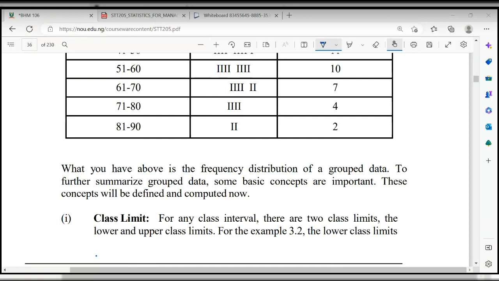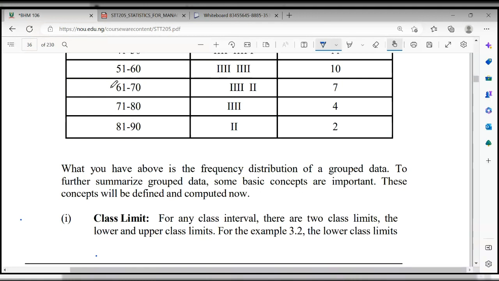Okay, so the class limit is, once you have done the interval, the lower value in the interval is the lower class limit. Like this is the interval, right? For example, it's 81 to 90, 71 to 80, 61 to 70.